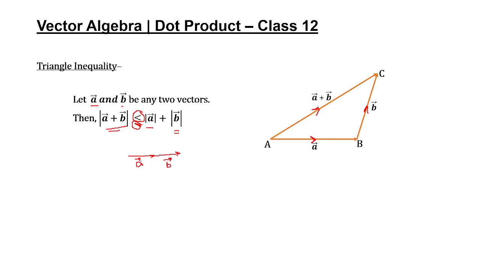Means these two vectors are collinear and in the same direction. So in this case, modulus of A plus B will be equal to modulus of A plus modulus of B.